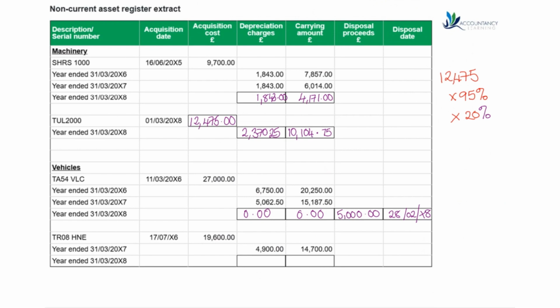So we're going to be applying that to the carrying amount. So it's going to be 14,700 multiplied by the 25% to give us £3,675 depreciation. And then we need to work out the carrying amount, which is the previous carrying amount, take off the depreciation, which is £11,025.00 to 2 decimal places.